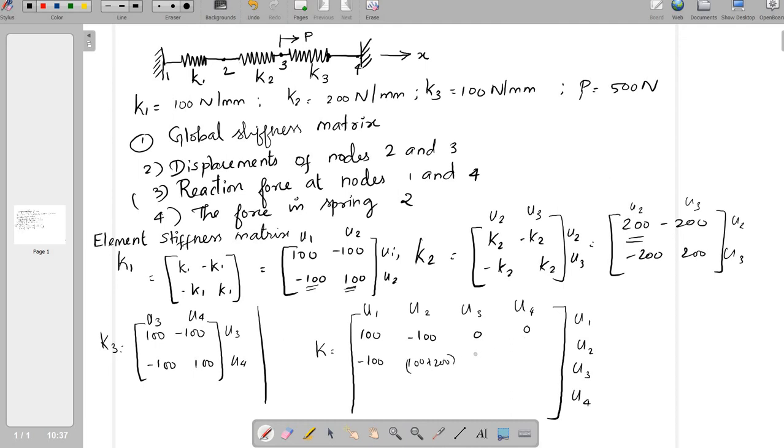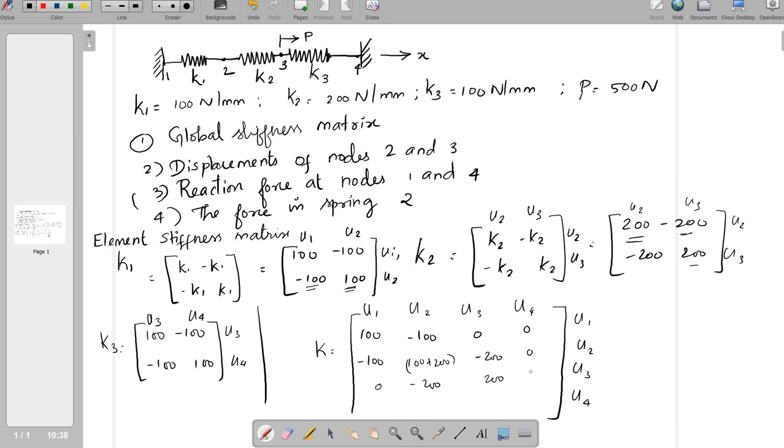Next one, U3 and U2 is minus 200. There is no connection between U4 and U2, and none between U1 and U3, so 0. U2 and U3 has a value, that is minus 200. U3 and U3 is also available, that is 200.